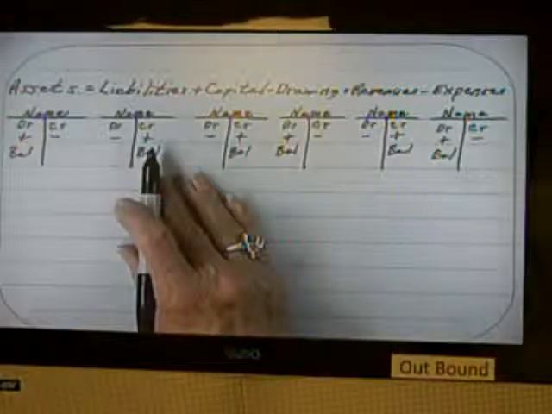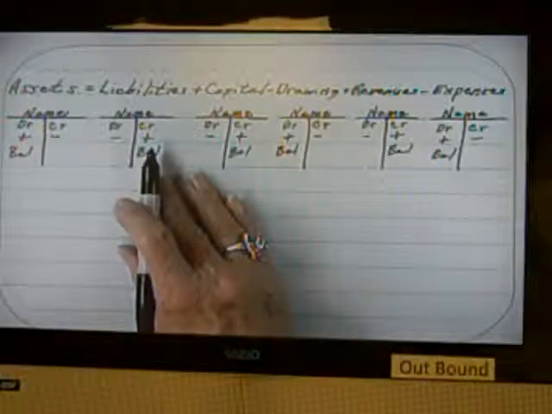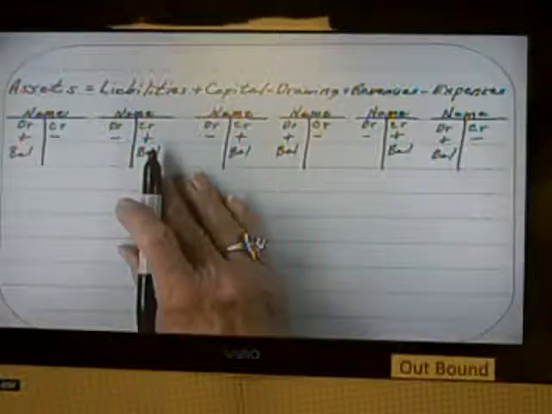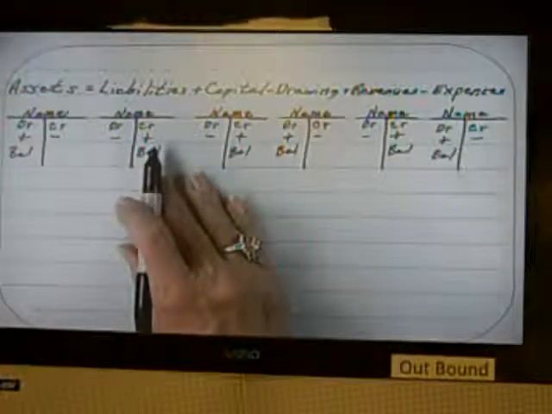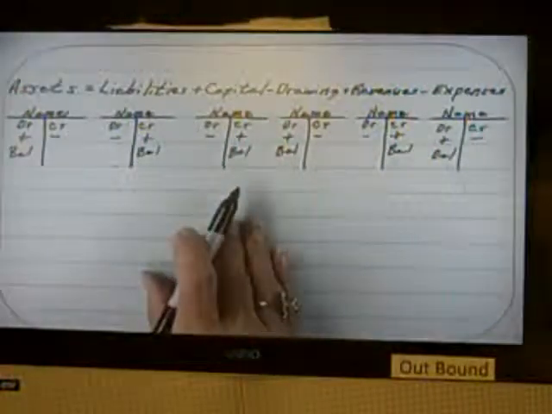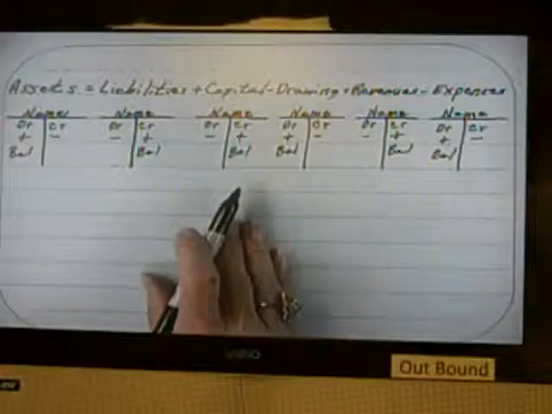Liabilities increase on the credit side. Therefore, we need to credit accounts payable. So we've just used these debit and credit rules to analyze a transaction, and that transaction resulted in a debit to supplies, a credit to accounts payable.